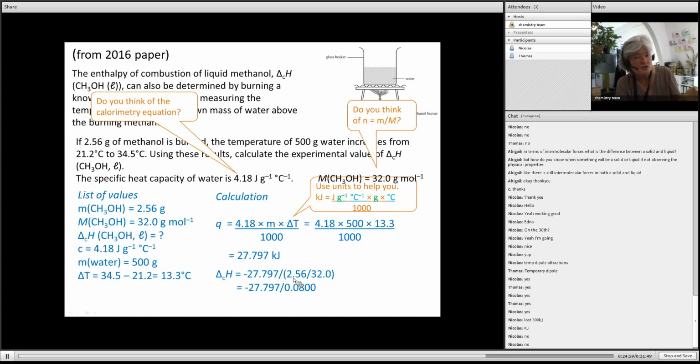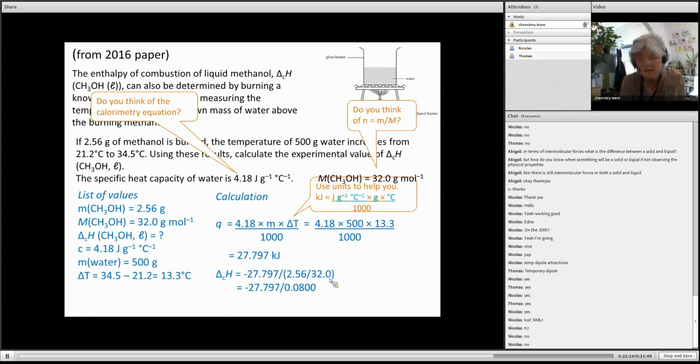If you just did in your calculator 2.56 divided by 32, your calculator will give you a 0.08. Now you should, for excellence, always show your significant figures. So put it as to 3 significant figures, because the 2.56 and the 32.0 were to 3 significant figures.